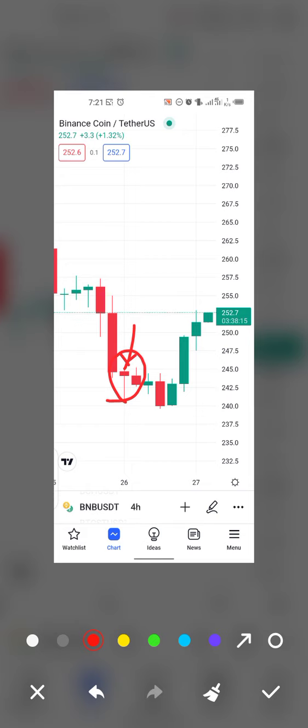Okay, that is a pin bar, and this pin bar was formed from a bearish trend. It was a serious bearish trend, and now you see the market changes, there's a reversal. Now it will be a little upward trend.